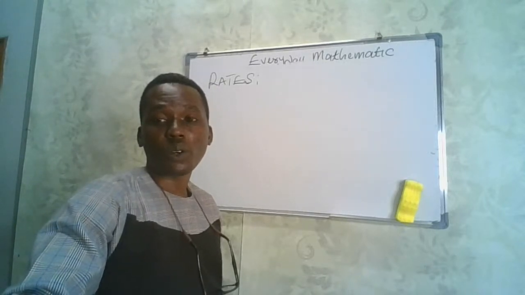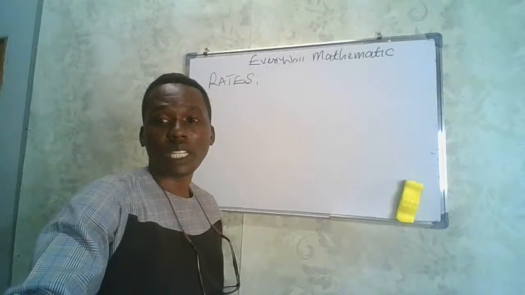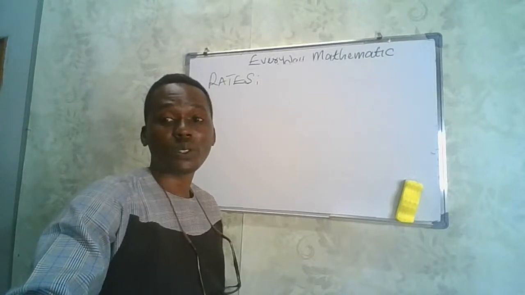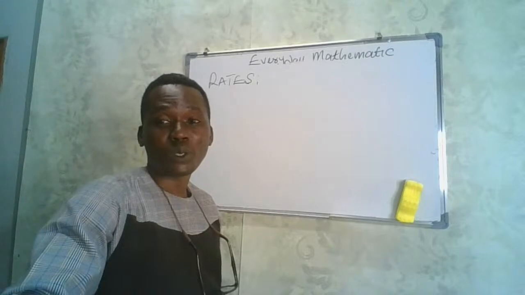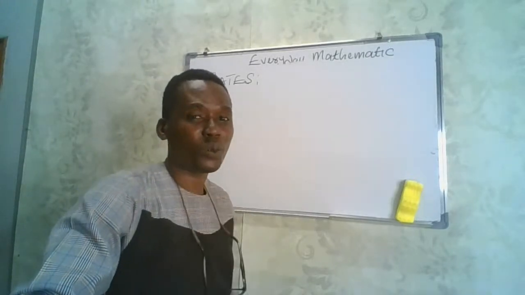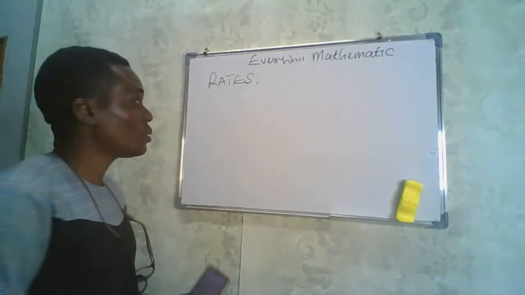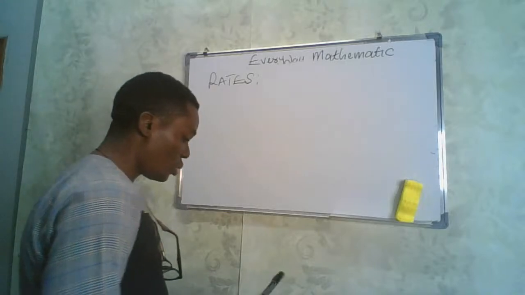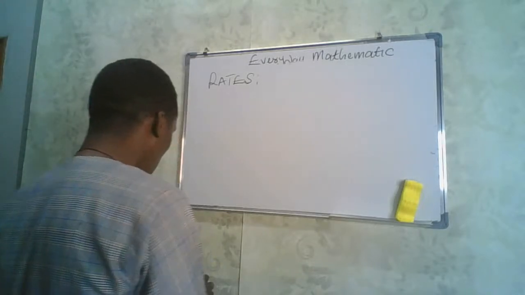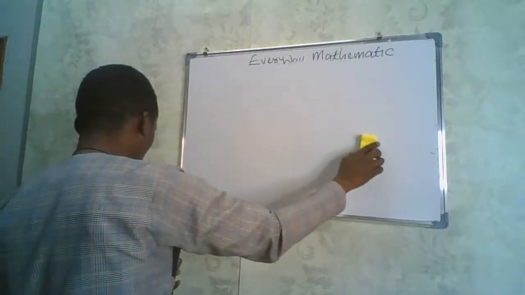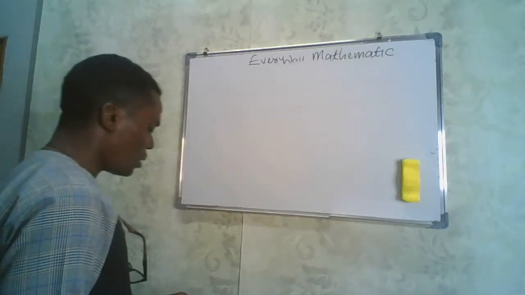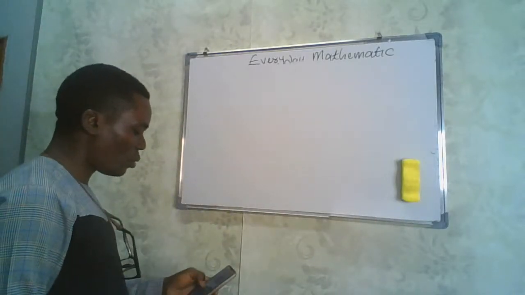But before we round up our discussion for today, I've seen one interesting question I want us to take. This interesting question is on ratio. You'll love this question. We'll use it to round up our discussion for today. The question says 3 boys share some oranges.